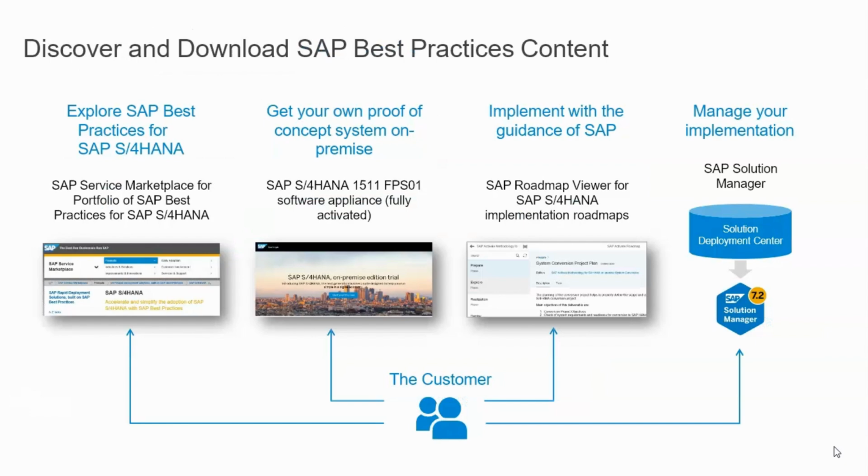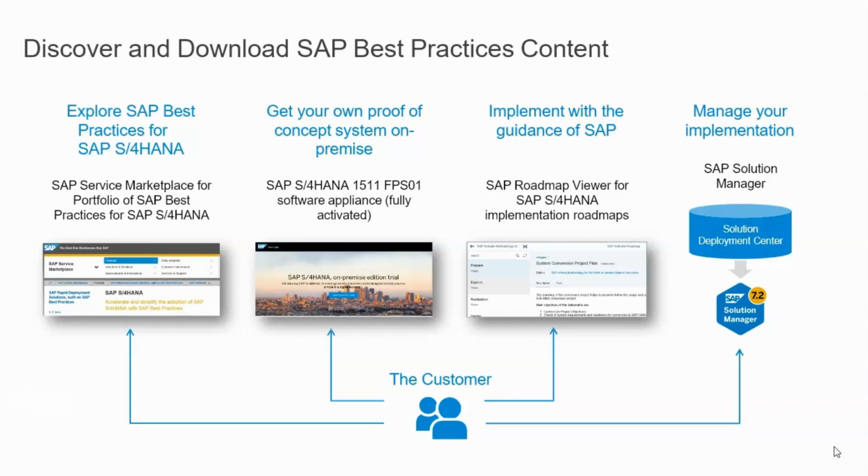And then we have the integration with SAP Solution Manager. Like discover and download SAP best practice content. So we can download all these options. Now, explore SAP best practices for SAP S/4HANA, already available in the SAP Service Marketplace for the portfolio of SAP best practices. You can download that and check it out. And SAP S/4HANA software appliances are also available; just search for it and get your own proof of concept system on-premise.